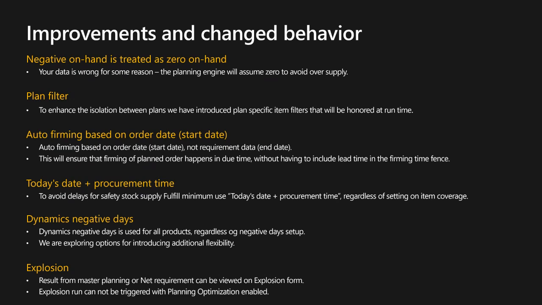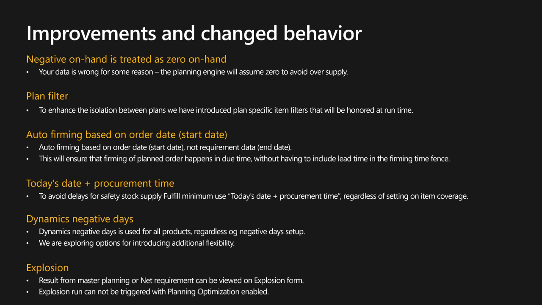Maybe at 10 a.m. you would have minus 20 because you actually sold something that you don't have registered in the system yet. But of course you don't have minus 20, it's not possible. And due to this, if you run the planning engine at that point in time before you get it registered, it will not try to replenish the minus 20. It will assume that it's due to an error. So it will assume 0.